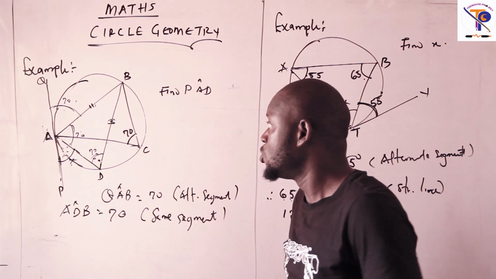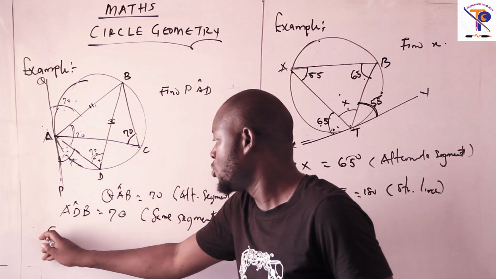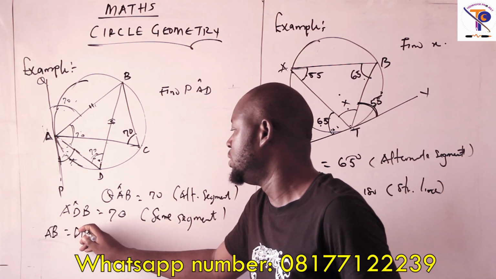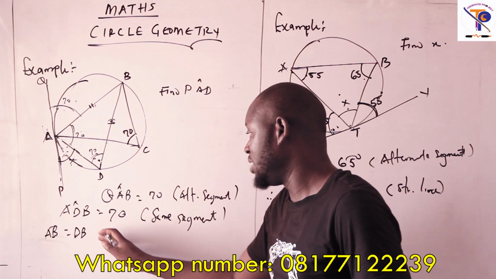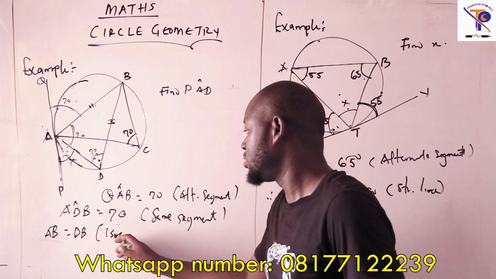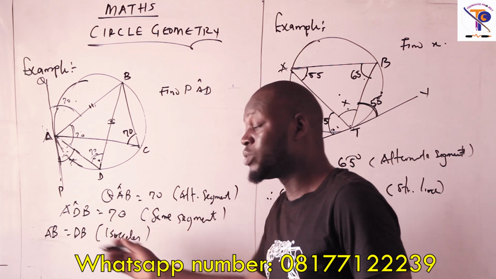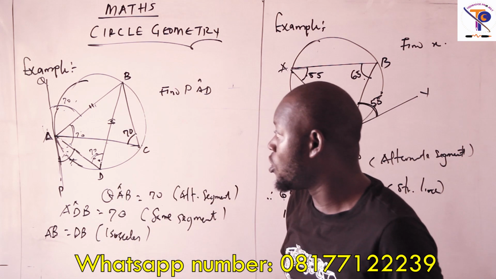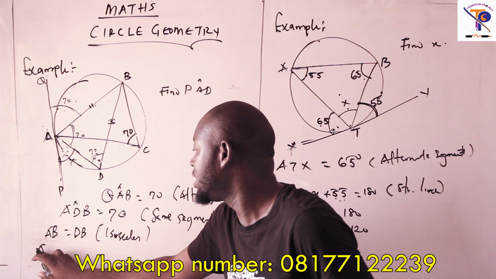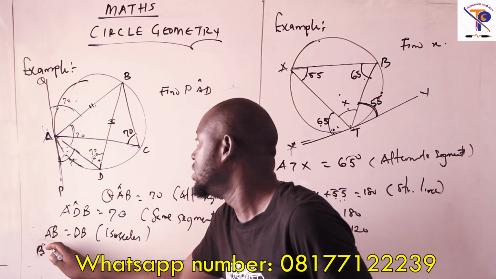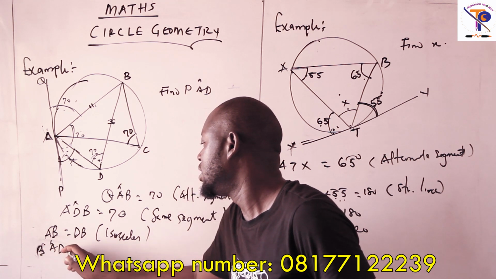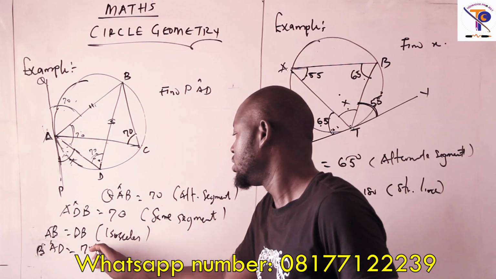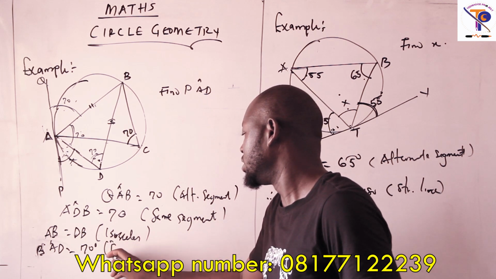Let's talk about this. So this one, AB, don't forget AB is equal to DB or BD. This has been given, isosceles, or you write given there, it has been given. So we are so much sure that BAD is equal to 70 degrees, isosceles.